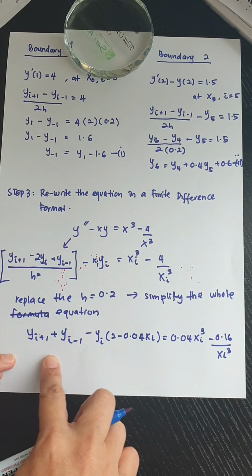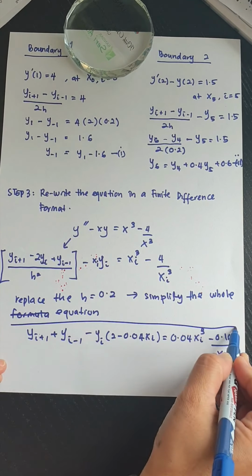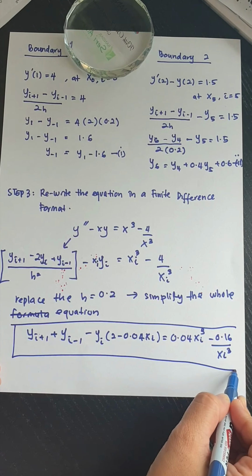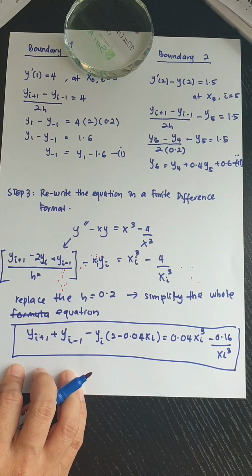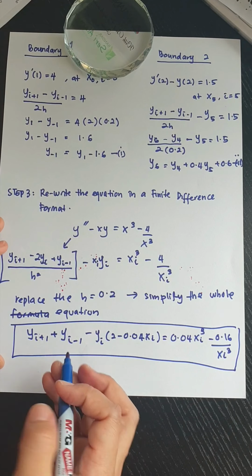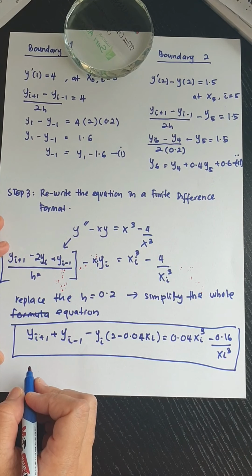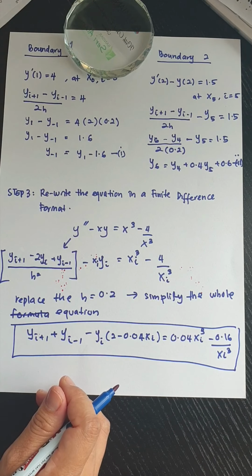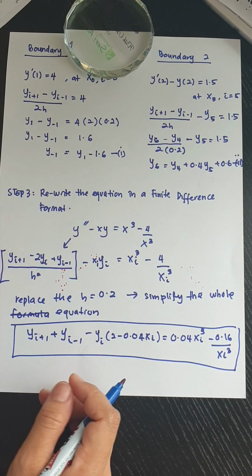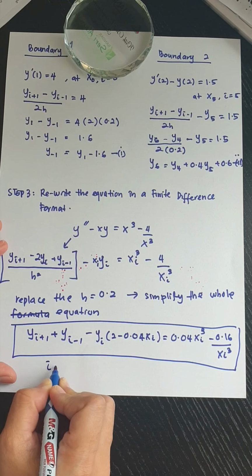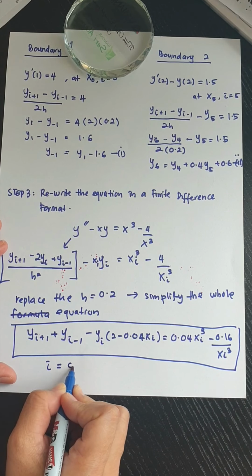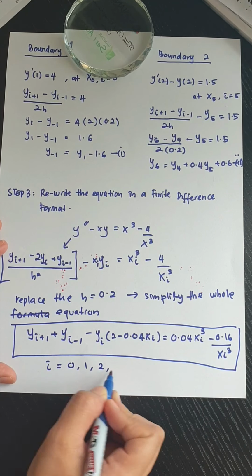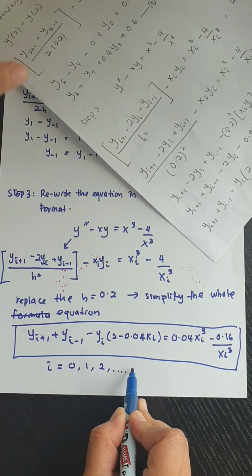So this is your final equation that you're going to use to create the linear equation formula, after replacing the i value equal to 0, 1, 2 until n.